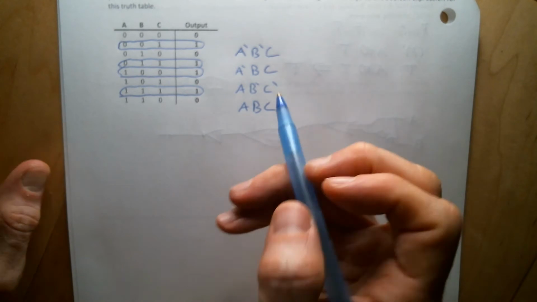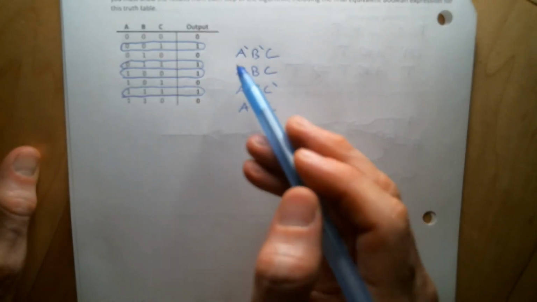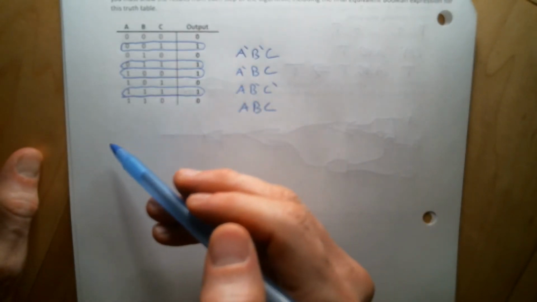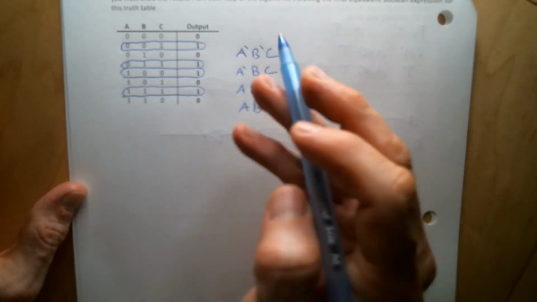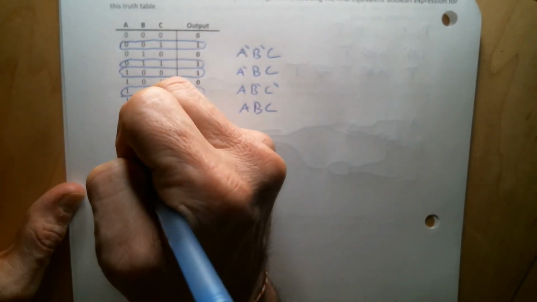Let's see. So now that we have our 4 expressions, we want to write that as one complete Boolean expression. So we take these 4 individual pieces and we just OR them together.